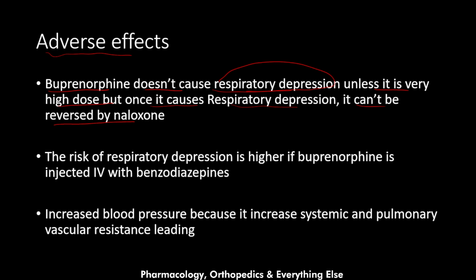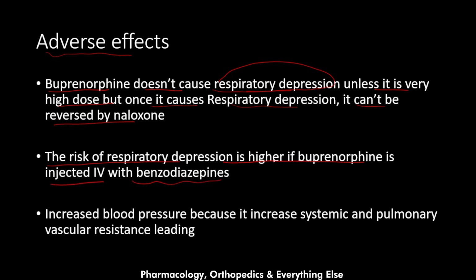That is why it can't be reversed, and the patient needs respiratory support in the form of putting them on a ventilator until they recover.